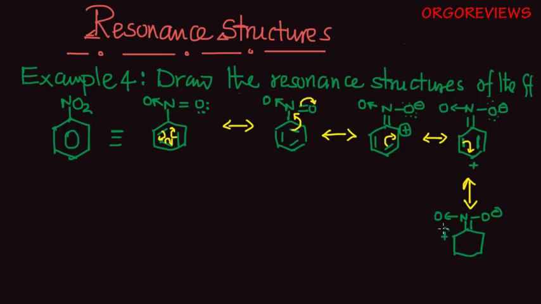But now we have a positive charge on this carbon, a newly formed bond, and another bond right here. So we have about 1, 2, 3, 4, 5 different resonance structures you can write for nitrobenzene, making it very, very stable as well.